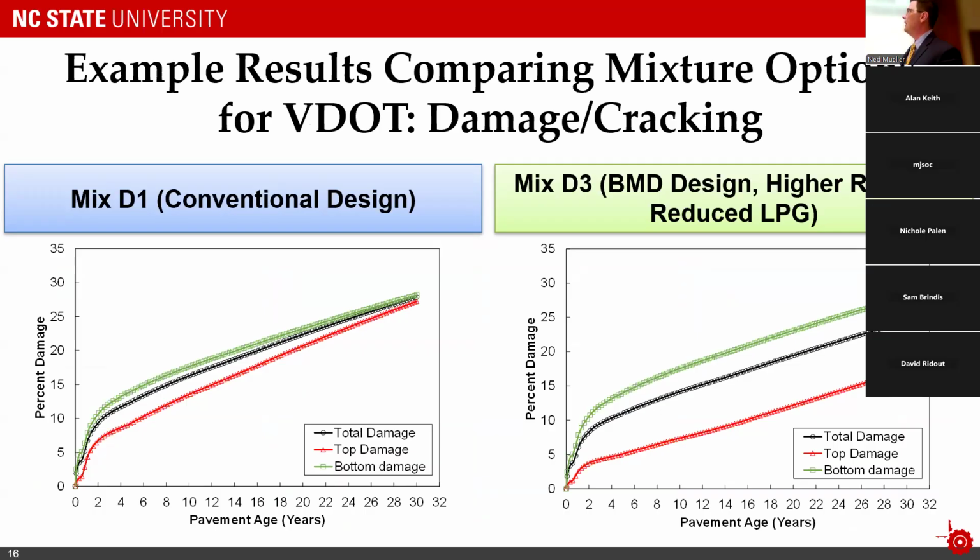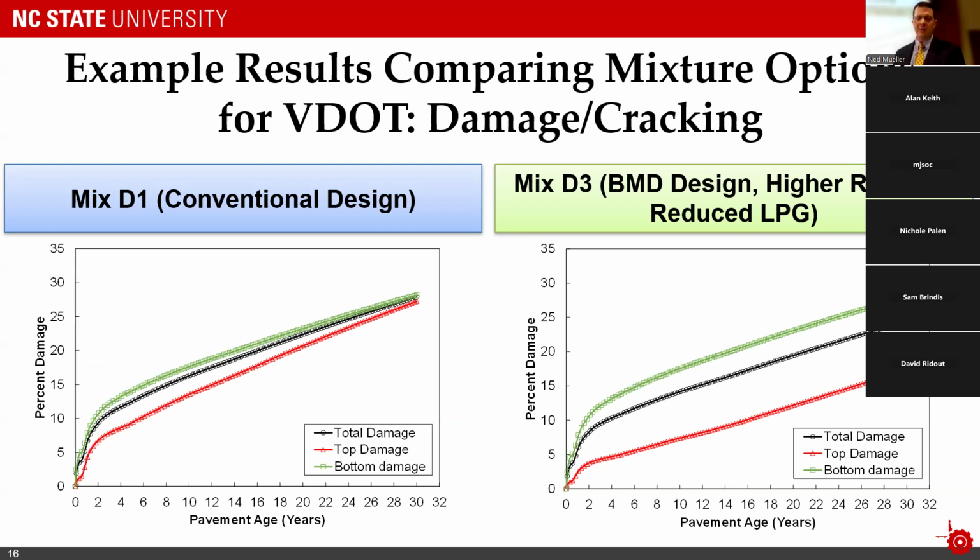And on the left, it's the indication for the conventional mix. And on the right, it's that balanced mix design engineered to a higher degree. And what we see from this is the new mixture, the engineered mixture, where it's placed, which is only on the top, has a much lower damage level than the top mixture. But there's always a trade-off. In pavement engineering, as many of you know, we talk a lot about pendulums and we talk about balancing.